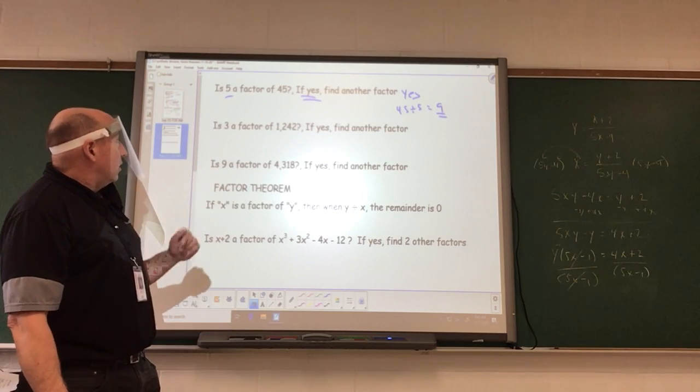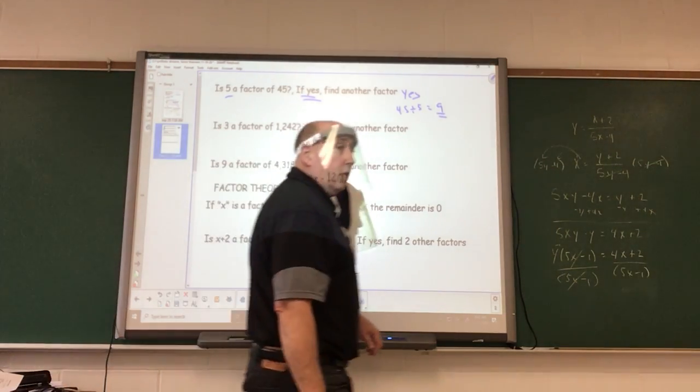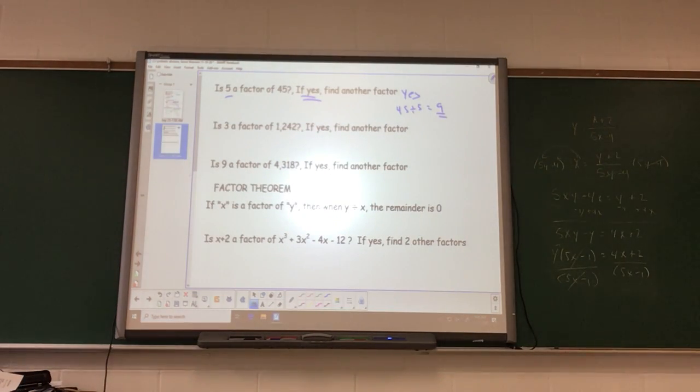Is 3 a factor of 1,242? As I hear the magical clicky-clacking of the calculators, oh, how we forget our divisibility rules. Anybody remember the divisibility rule for 3 or 9?